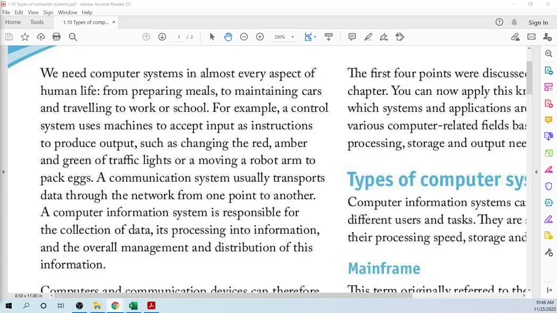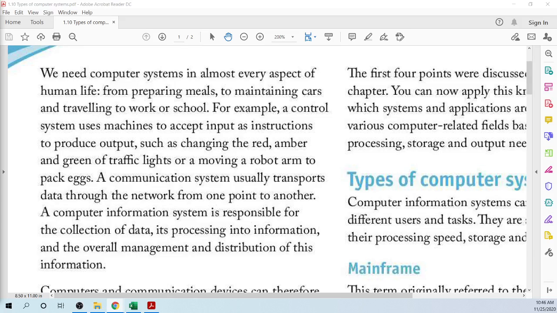For example, a control system uses machines to accept input as instructions, and produce outputs such as changing the red, amber, and green of traffic lights or moving a robot arm to pack eggs.